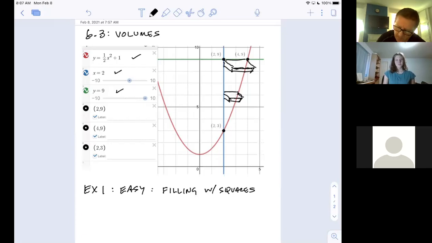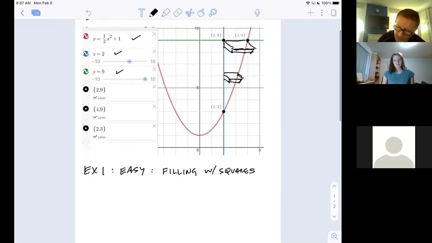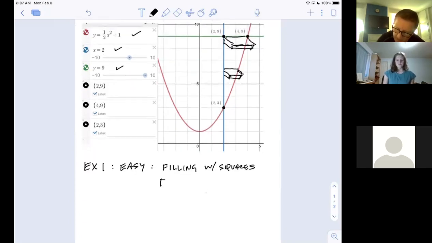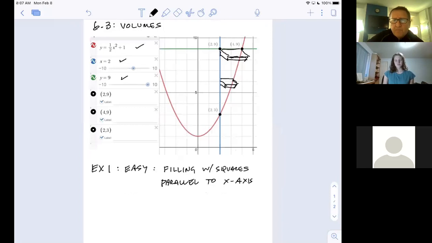So let's say filling with squares, parallel to the x-axis. So filling it with those squares, ultimately, because they have to have a thickness to them, since we're going to find a volume, they're really not squares, they're really prisms.